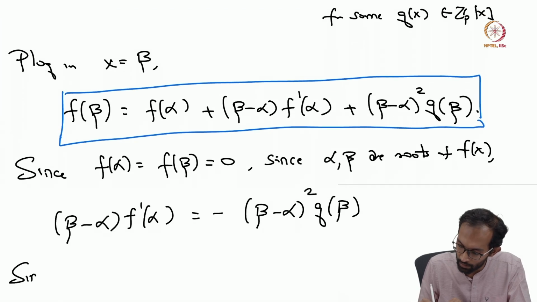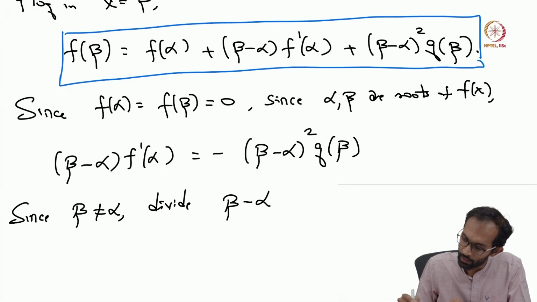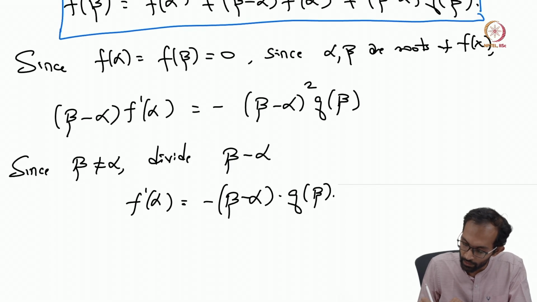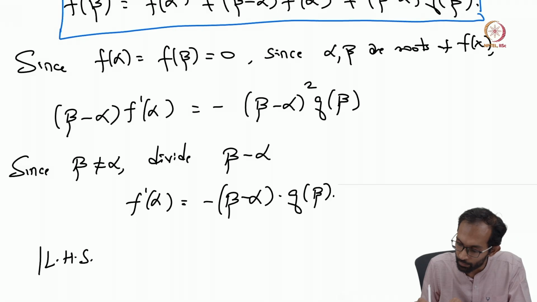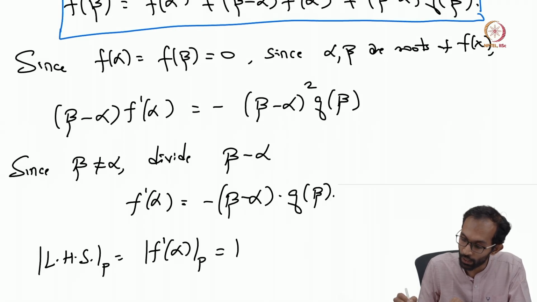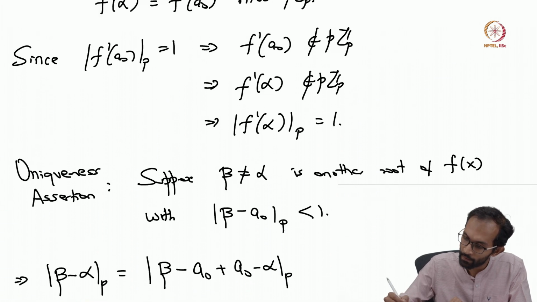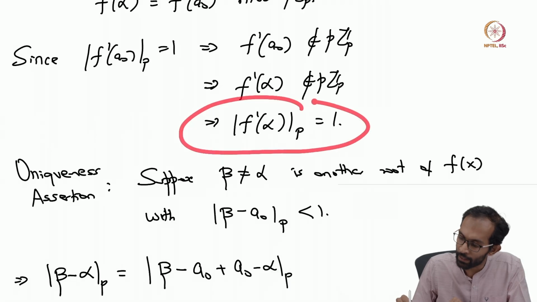And so since beta is not equal to alpha, you can divide by beta minus alpha, and you get that f prime of alpha equals minus beta minus alpha times g of beta. Okay, so we've just computed earlier that the p-adic absolute value of f prime of alpha equals 1.